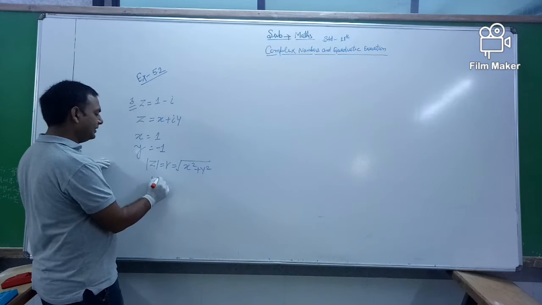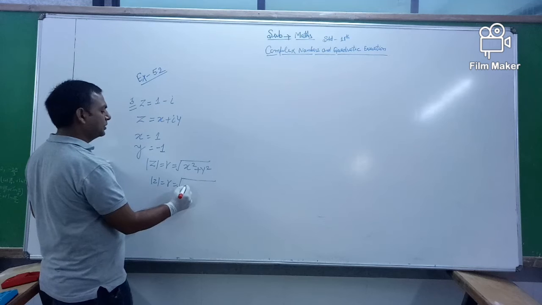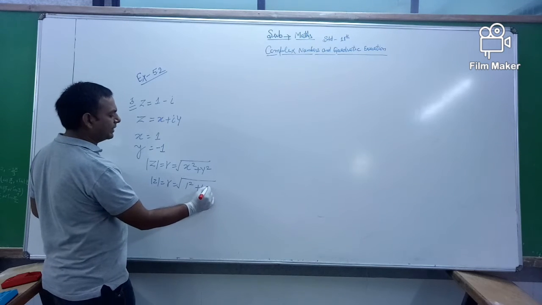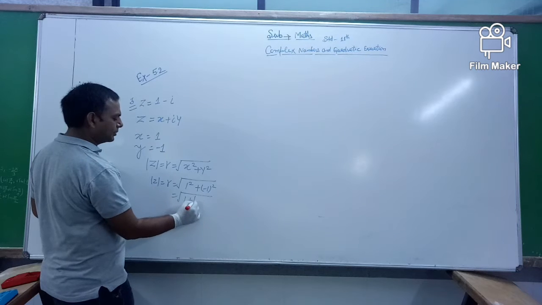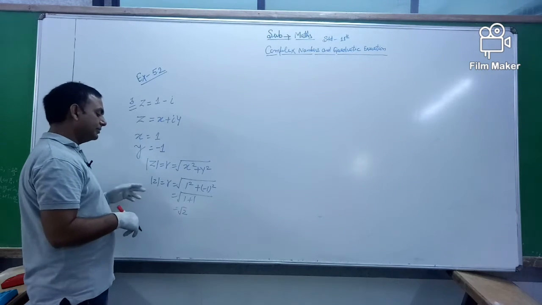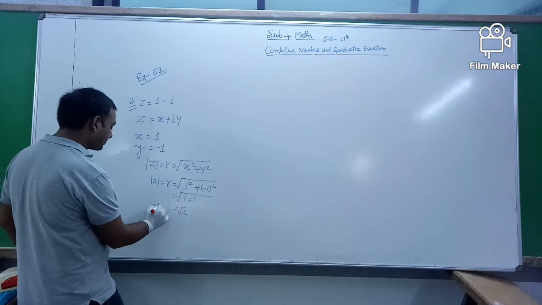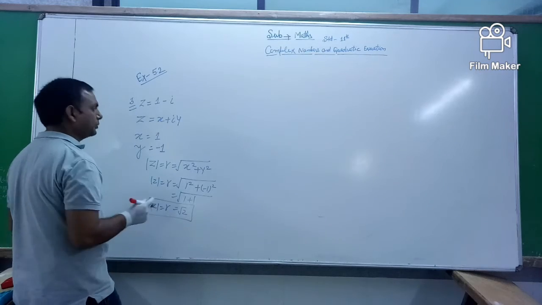Then mod z is equal to r is equal to under root 1 square plus minus 1 square. So under root 1 plus 1 is equal to under root 2. So the value of mod z is equal to r is equal to under root 2.